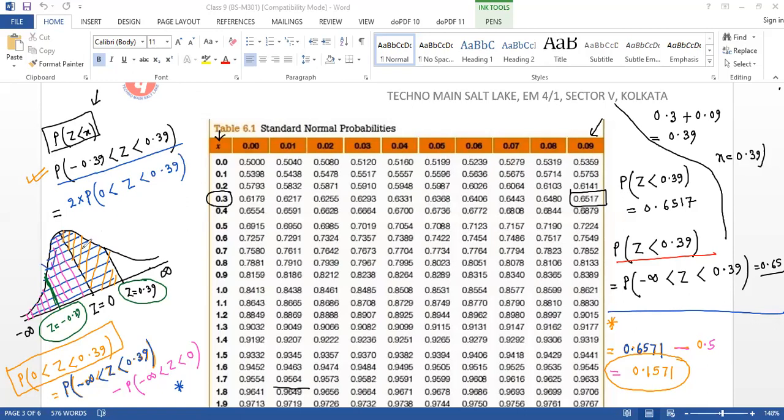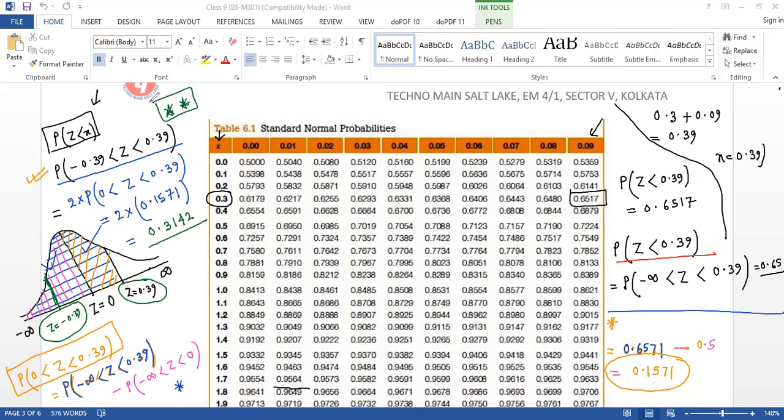Because this portion and this portion will have equal probability, because the curve of capital Z is symmetric. So you need to take twice of this probability that you have calculated, twice 0.1571. And if you do this calculation, you'll see that the probability will come out to be 0.3142. So this is your answer. This is the answer to the given problem.